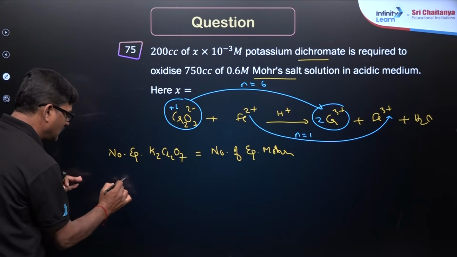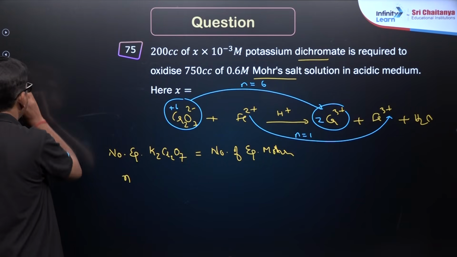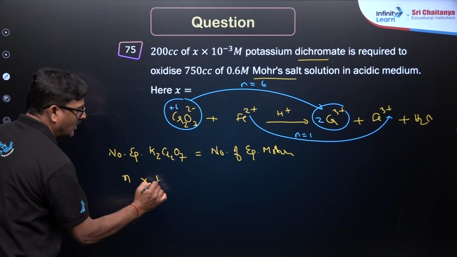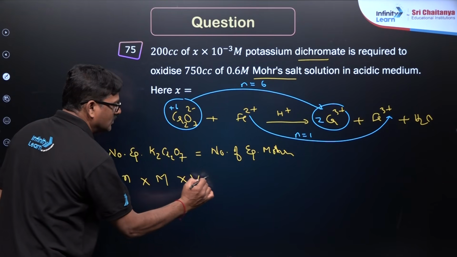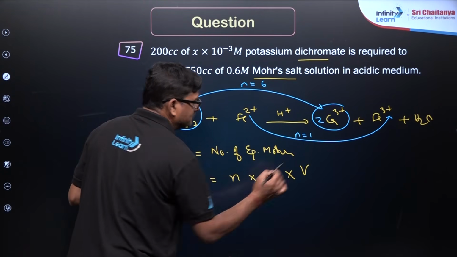So N into molarity into volume is equal to N into molarity into volume.